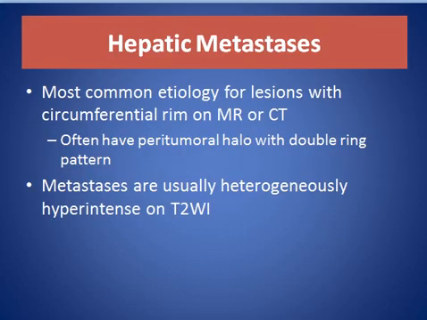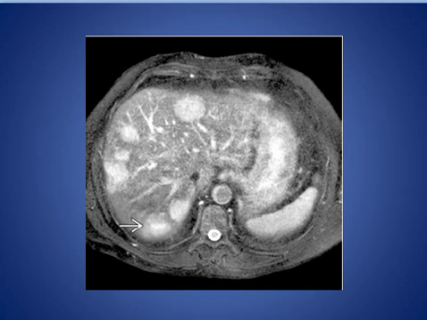Hepatic metastases, most common etiology for lesions with circumferential rim on MRI or CT scan, often have peritumoral halo with double ring pattern. Metastases are usually heterogeneous, hyperintense in T2 weighted images.